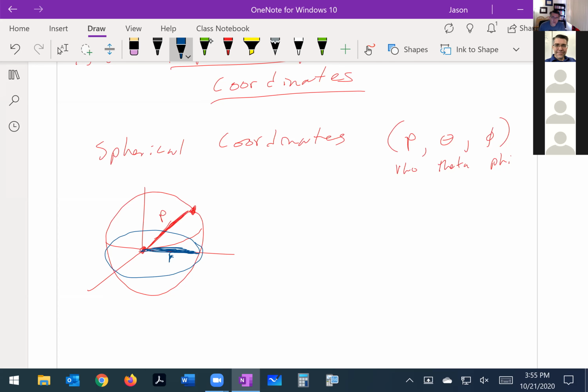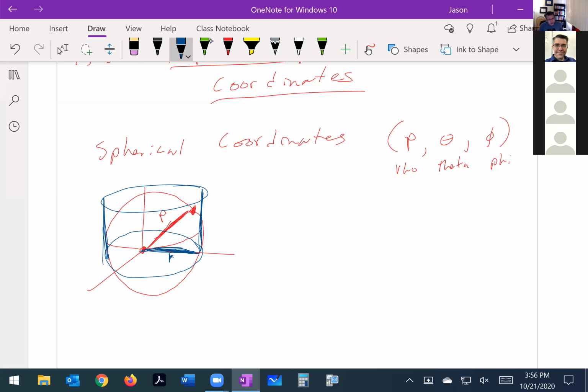On a sphere they're both the same, but in a cylinder, R would be the radius of the cylinder for cylindrical coordinates, and rho is the radius for the sphere in spherical coordinates. So it gets a little technical, but it's all good.